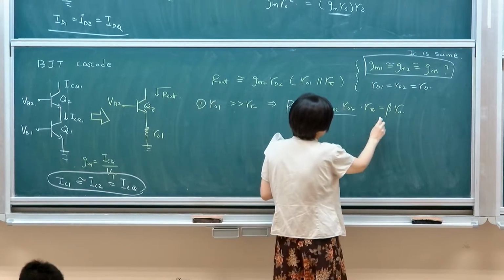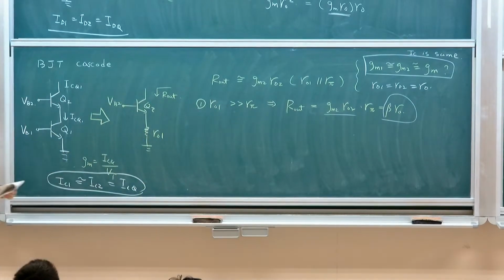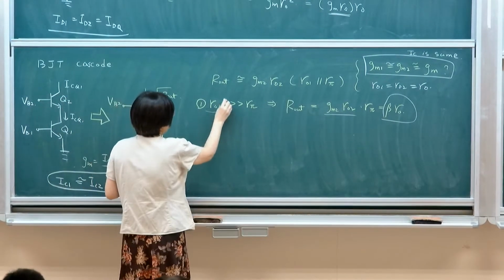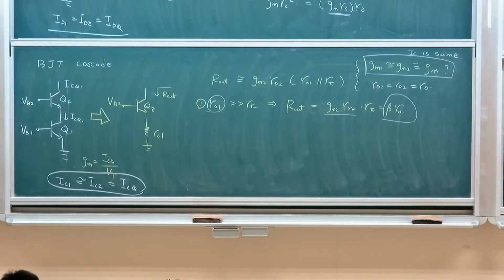So GM1 equals GM2, so you get this result. And this is typically the case because my early voltage, or my RO1, is much larger than beta. That is typically true. OK?